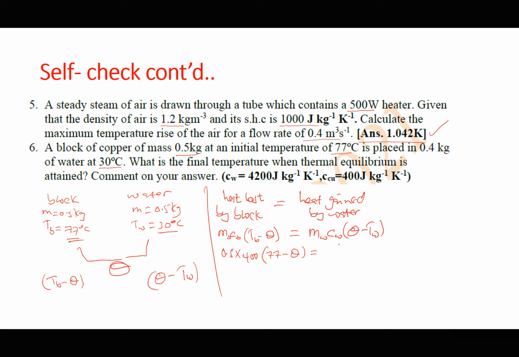The mass of the water is 0.4 times the specific capacity of water, 4,200, times the temperature difference, which is theta minus the temperature of the water, which is 30.